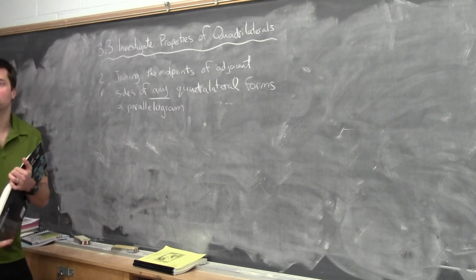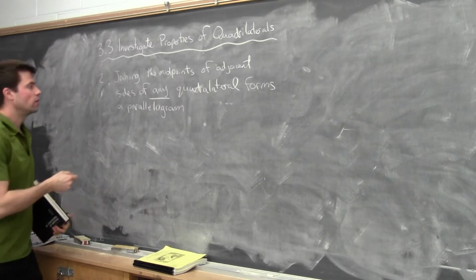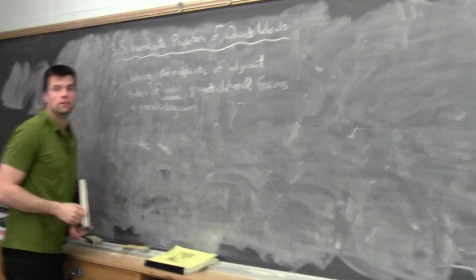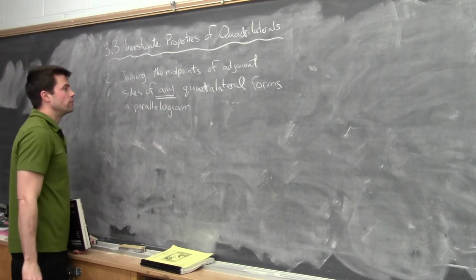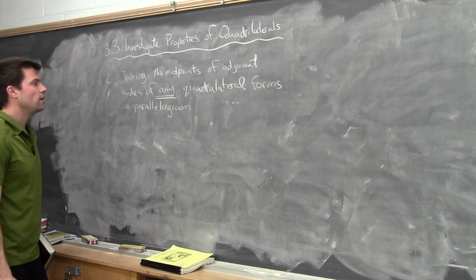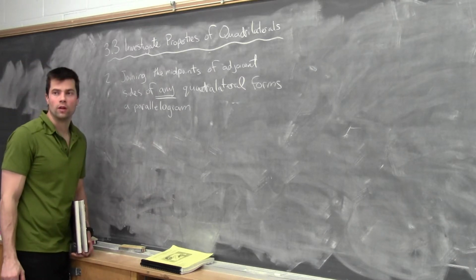Okay, so this is an interesting one. And I underlined the word "any," which the textbook doesn't, but I want to make that clear. Joining the midpoints of adjacent sides of any quadrilateral forms a parallelogram.